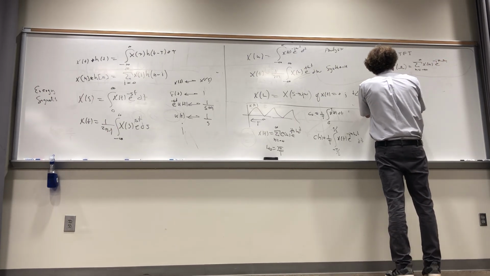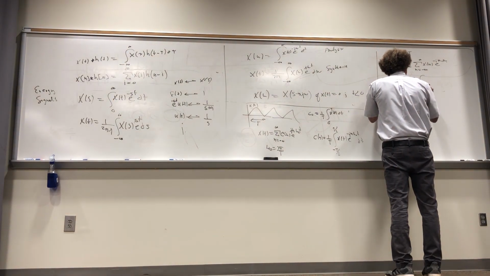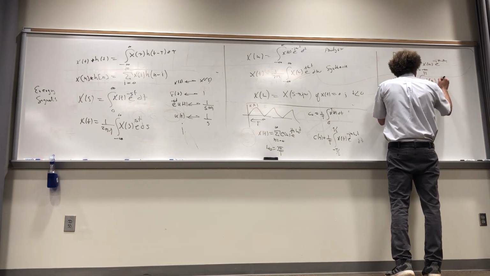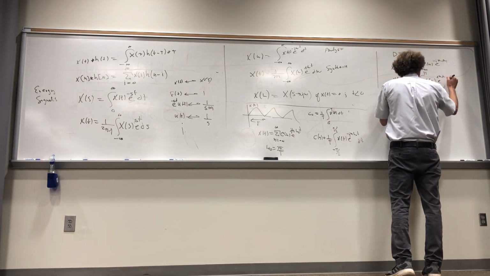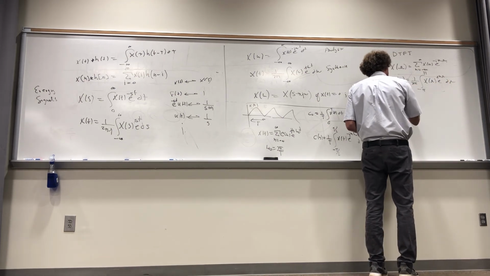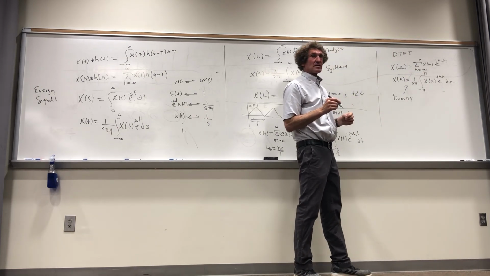By the same token, we had x of n equal to 1 over 2 pi, the integral from minus pi to pi of x of omega times e to the j n omega d omega. And here we use duality. Make a note, duality, to get that value. This is important that you write this down. You're going to see a lot of this later.